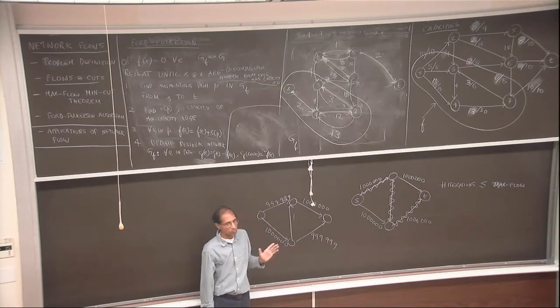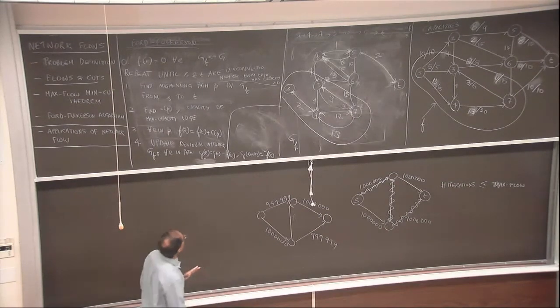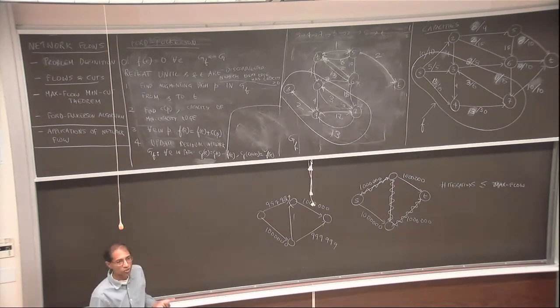There are algorithms, which we won't cover, that tell you which paths to choose. One very simple rule is to find the shortest possible path and send flow on that. That turns out to take time independent of the value of the flow, only dependent on the size of the graph.